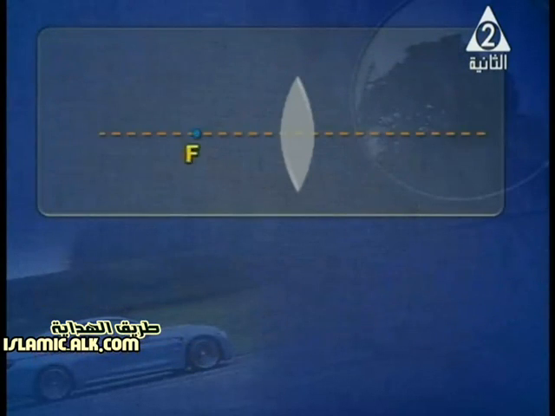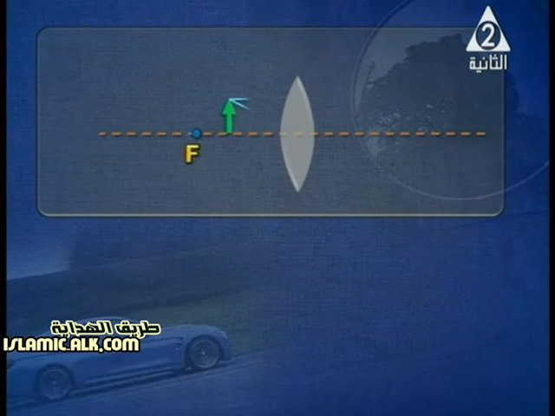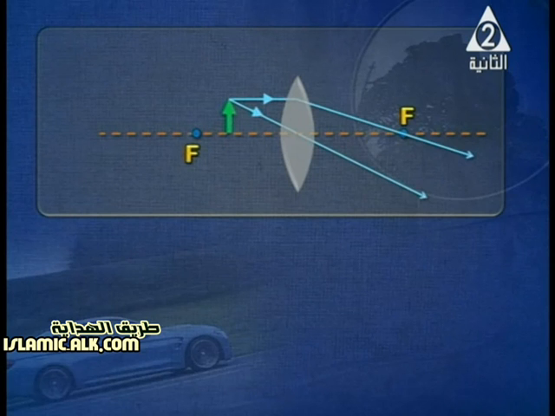Another case, when the object is placed at a distance less than the focal length of a convex lens. This object will send two rays. The first ray is parallel to the principal axis, which refracts passing through the focus.